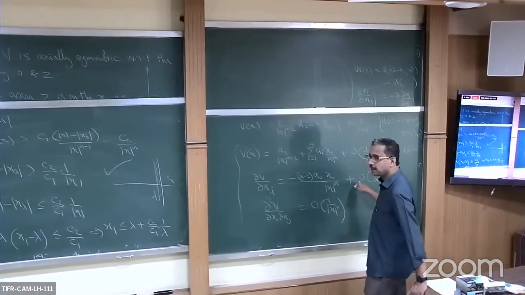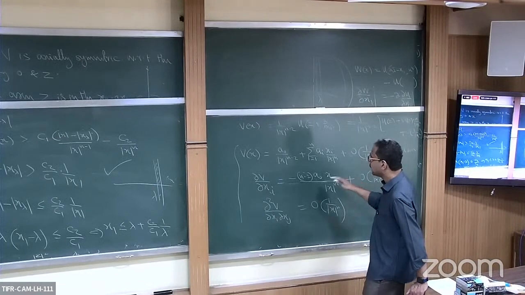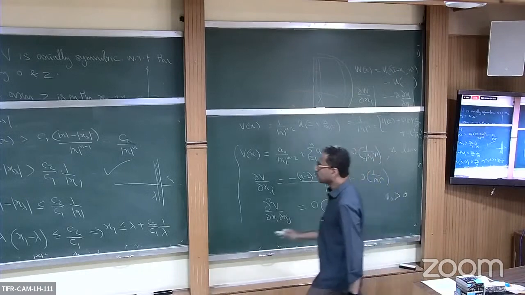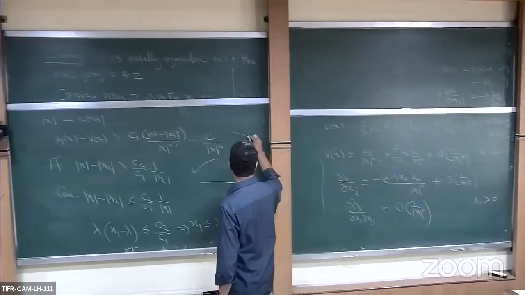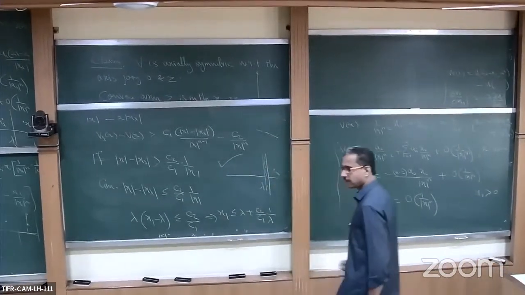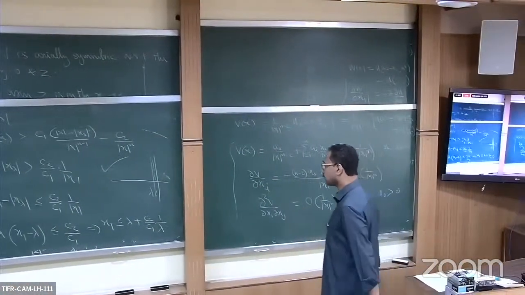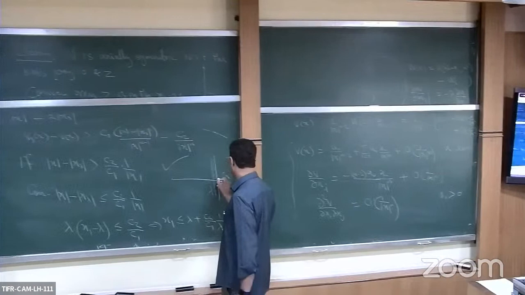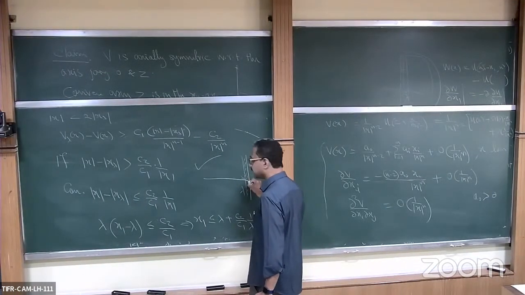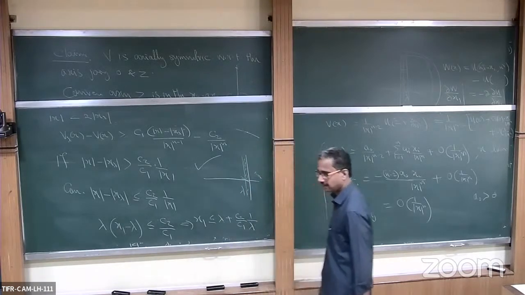You can put it in and you will see that dv by dx1 is going to be strictly decreasing. So once it is strictly decreasing, and if you reflect it, then in some region here it is going to be decreasing.